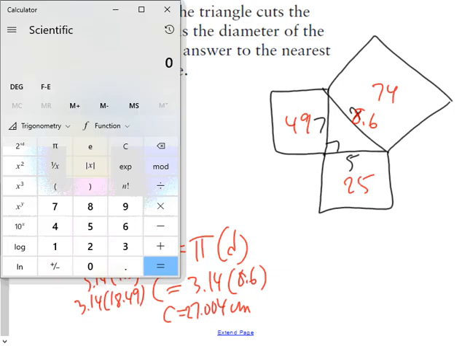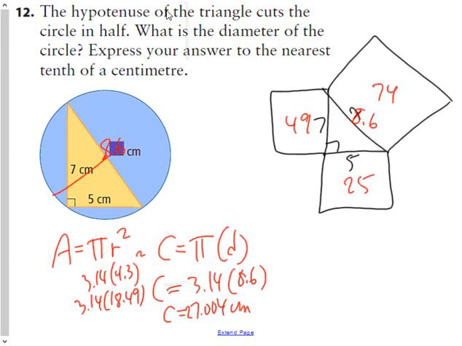Multiply 18.49 by pi. The area is roughly 58 point something. I can't remember, so I'm too lazy to go back. Everyone get it? Variations you might see on your test.